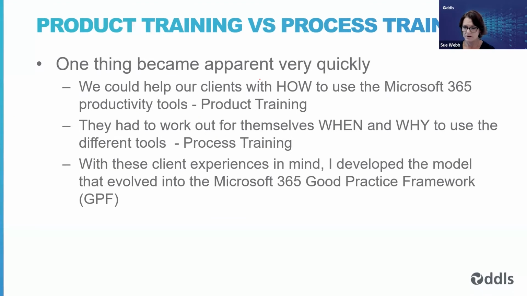So talking about product training and process training is what we're going to differentiate here. One thing became very apparent very quickly. DDLS could help our clients with how to use the 365 productivity tools. That's what I call product training.